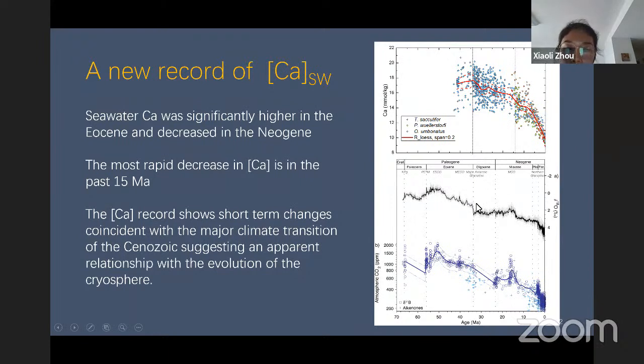Compared to the oxygen isotope record and the pCO2, for the calcium record I performed a LOWESS smoothing on the raw data, so you can't see the detailed change here, but you can probably still see some correlation between the calcium and the oxygen isotope, for example, in the Eocene-Oligocene transition, or in the MI3.